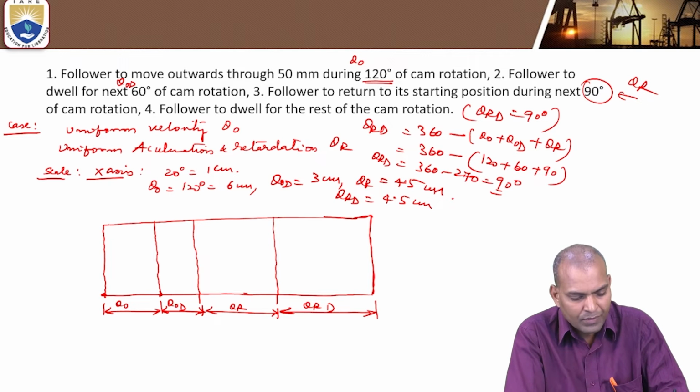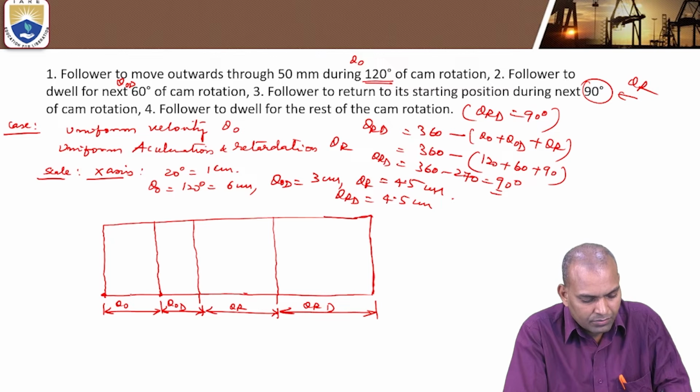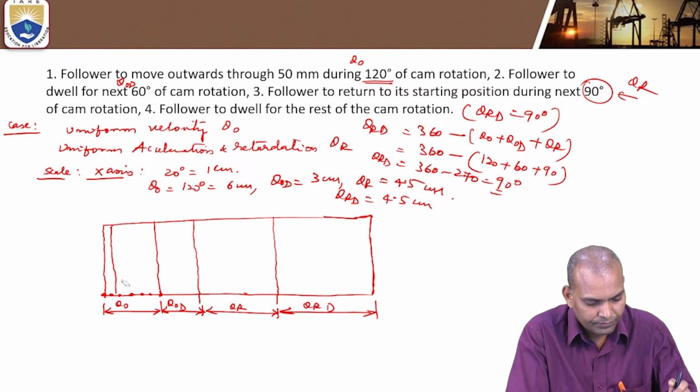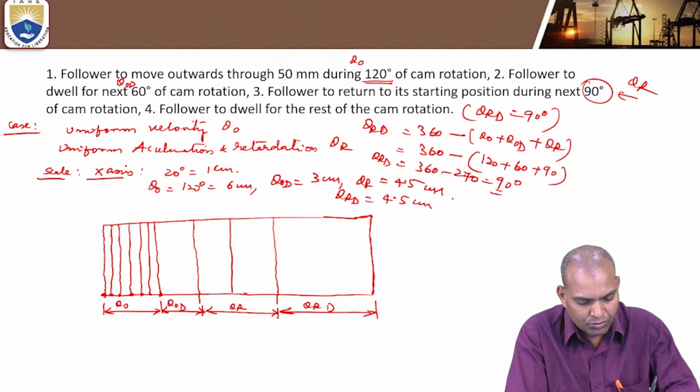The procedure is that you divide the outstroke into an even number of parts. Again, join these vertical lines with these even-number divisions. Similarly, divide the return stroke also into equal parts.